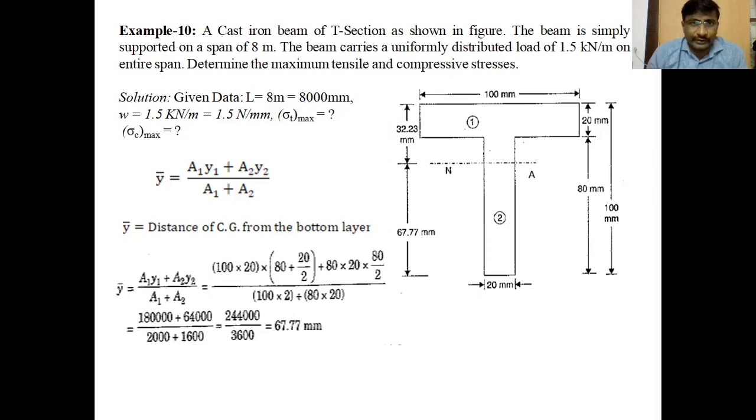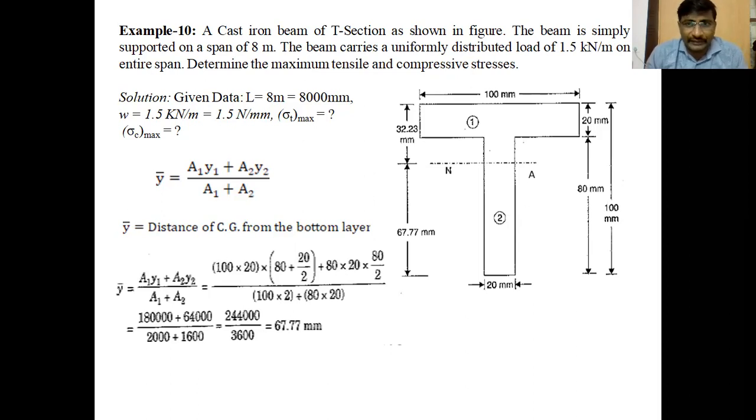In the given problem, what is the type of beam? The type of beam is a simply supported beam, the type of cross section is a T section, and the type of load is UDL, uniformly distributed load of 1.5 kilonewtons per meter.